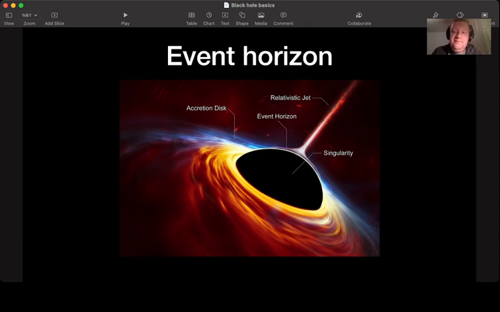Once we fall in, what we know is we can never get back out from there. Because the gravity is extremely strong, not even light can escape from it. The light doesn't have enough energy to escape from the singularity.